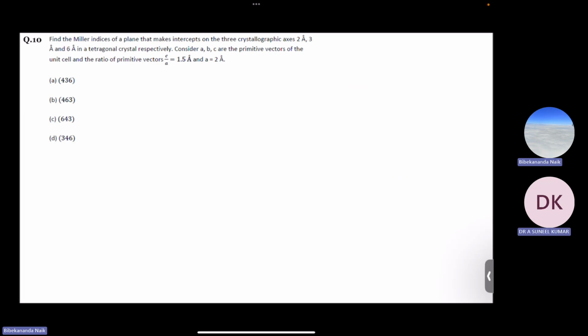Consider A, B, C are the primitive vectors of the unit cell and the ratio of the primitive vectors for a tetragonal crystal is C by A equals 1.5 and A equals 2 angstrom. The options are option A 436, option B 463, option C 643, and option D 346.